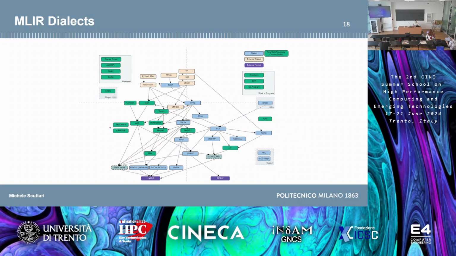There has been an attempt to classify these dialects according to the following structure. We see a divider between tensor dialects and buffer dialects. Tensor dialects do not represent memory areas directly. They represent values. So they try to do the same thing that is done in classic compilers with virtual registers, but with memory. They represent these arbitrary values that are not located already in memory, and they are read-only.